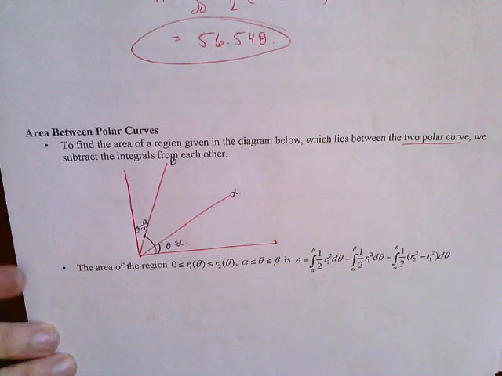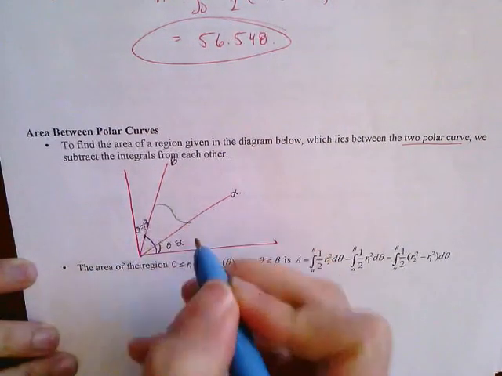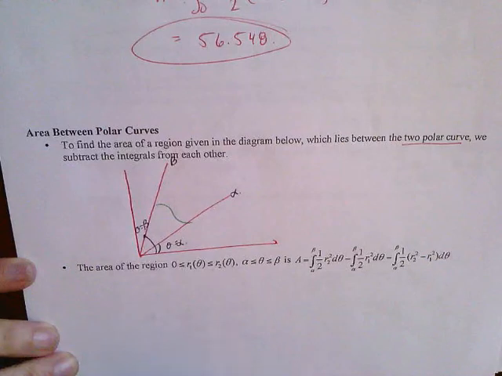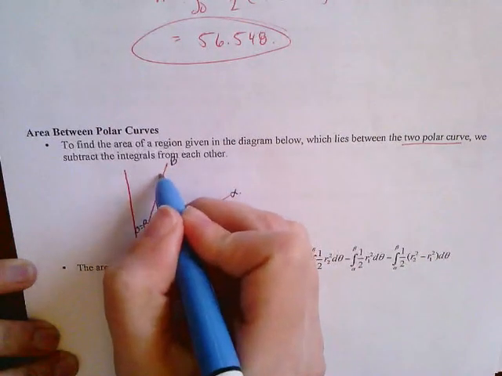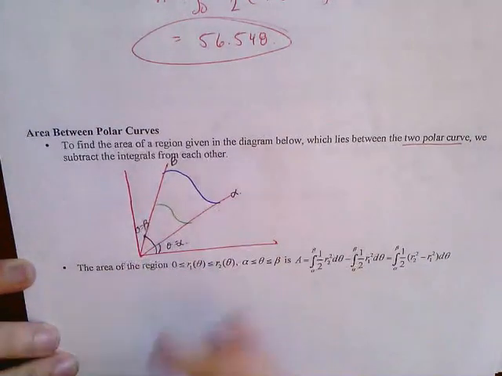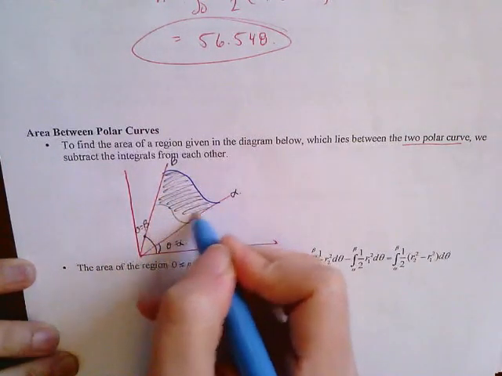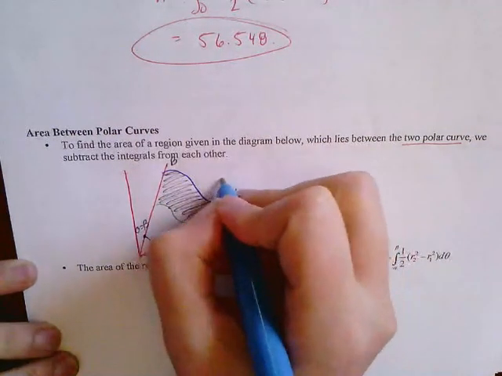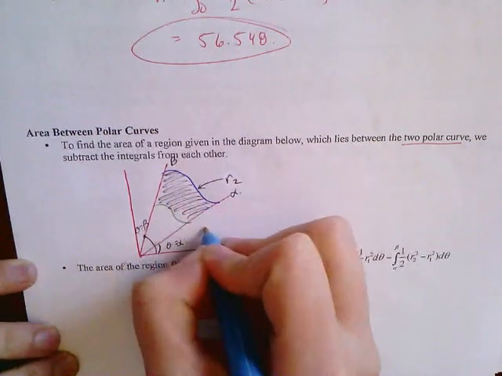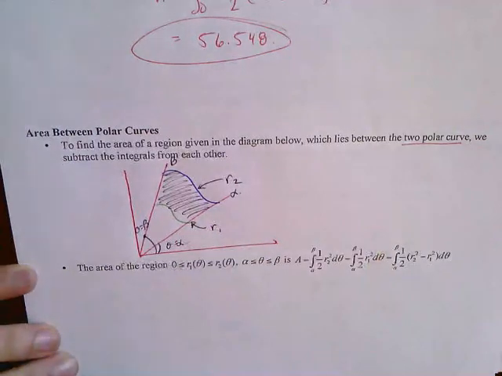And we have two polar curves. So the first polar curve is right there, and then the second polar curve, let's call it right there. And we want to find the area in between these two polar curves. So let's call this guy right here R2 and then this guy right here R1.